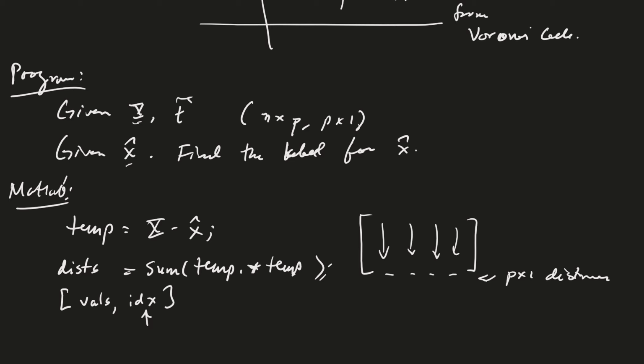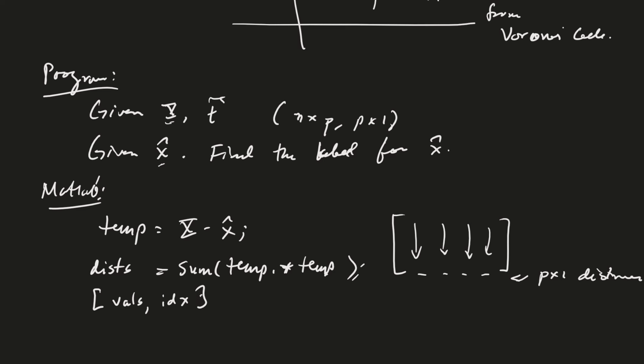So for example, if the first data point here was a 2, that would mean the second element of the vector is the smallest. That's the index of the sorted data. Then we would sort distances.